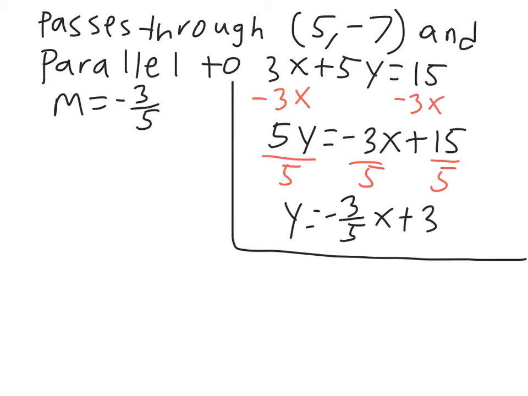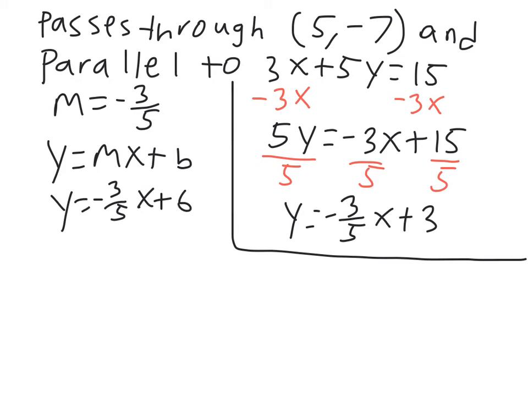So now we want to write our line in slope-intercept form, y = mx + b. So y = -3/5 x + b. Now, we've done this stuff before. We take this point and we plug it into this equation.